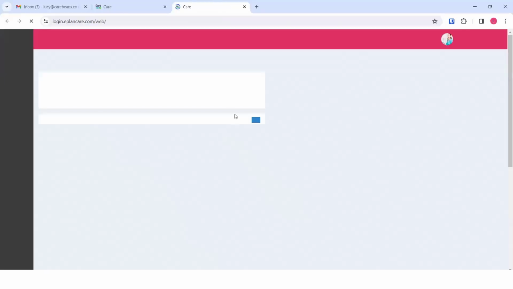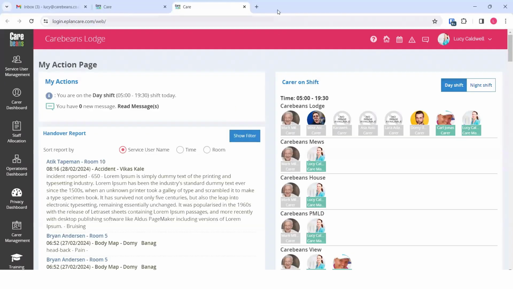Okay, so we'll go and have a look at some examples of what I've put in place for care plans and actions. Let's just have a quick look and see if we've got any messages. None so far. Okay, so we're now on to Care Beans Lodge. This is my demo site, so these aren't real people. This is just a sample person that I've put onto the system, and a sample care plan that I've done.